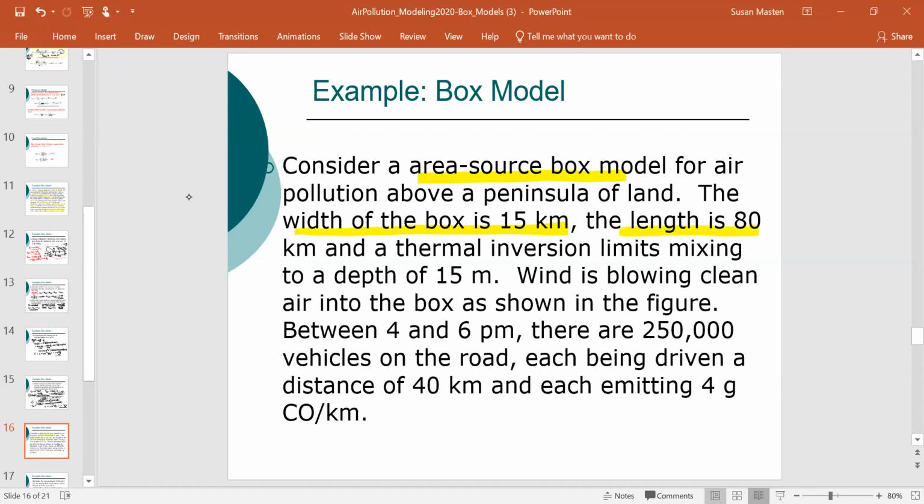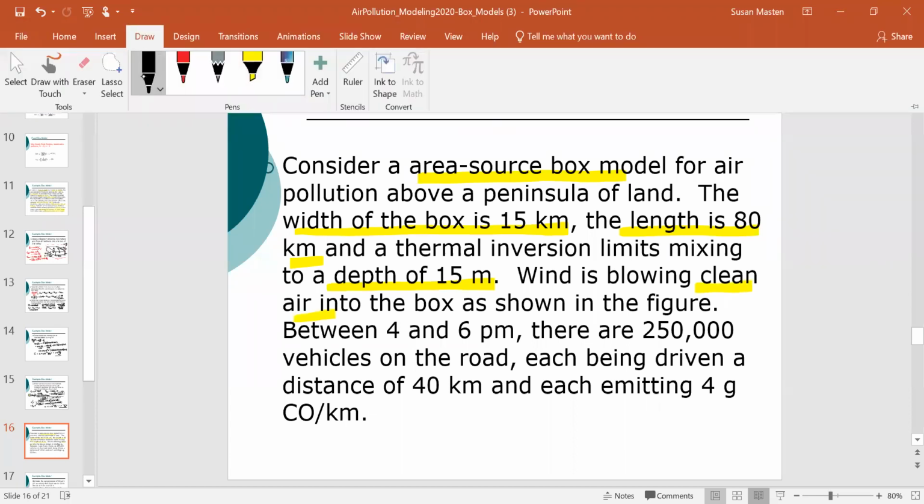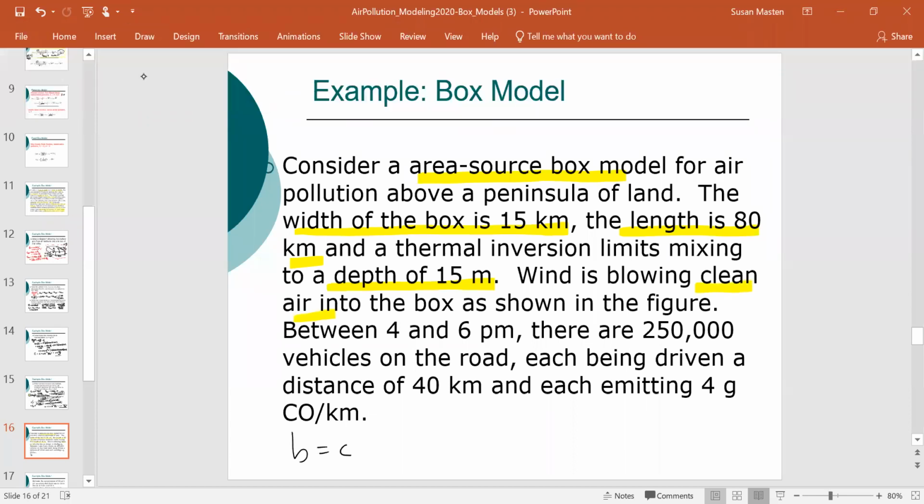We have a length of 80 kilometers. And we have a thermal inversion, and it's limiting mixing to a depth of 15 meters. We have wind that's blowing clean air. So in this case, B is equal to 0.